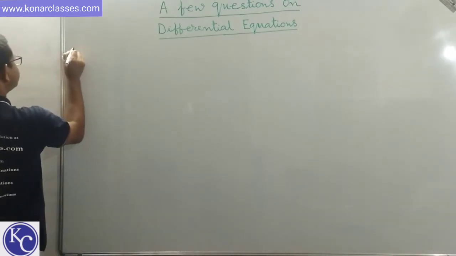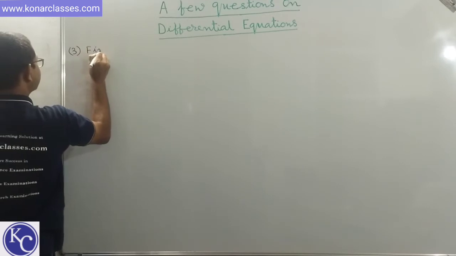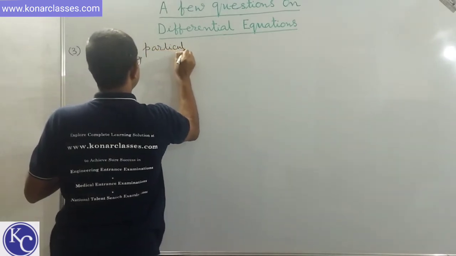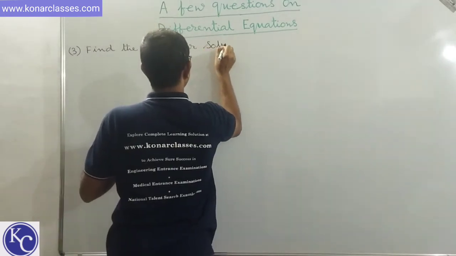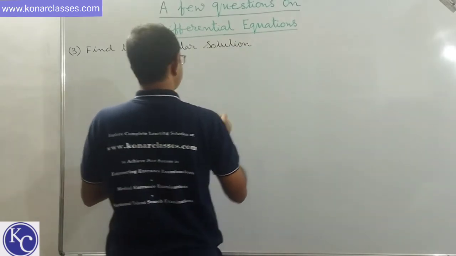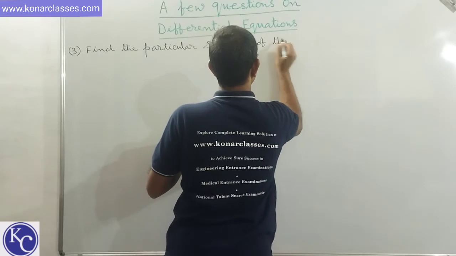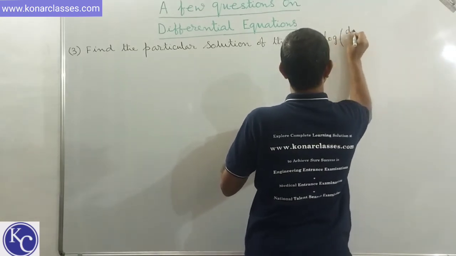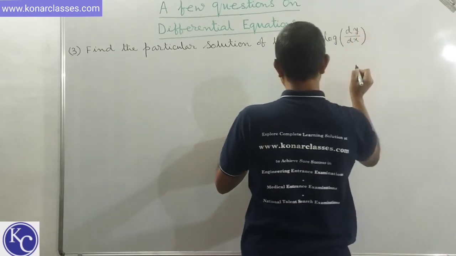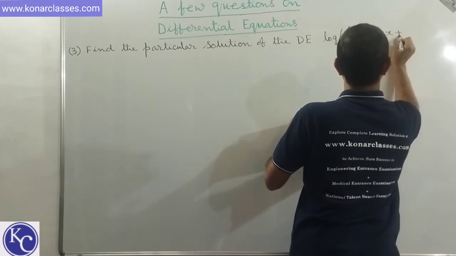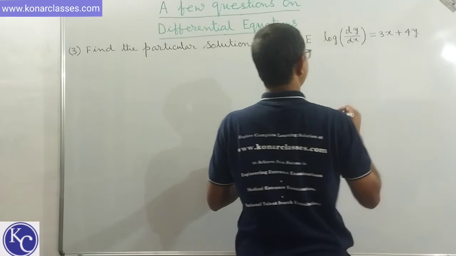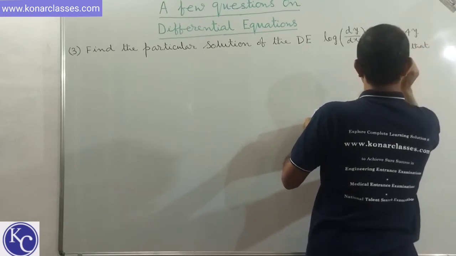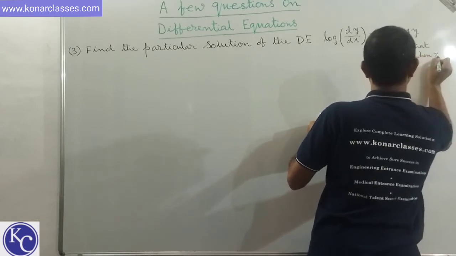Find the particular solution of the differential equation log(dy/dx) is equal to 3x plus 4y, given that y equals 0 when x is equal to 0.